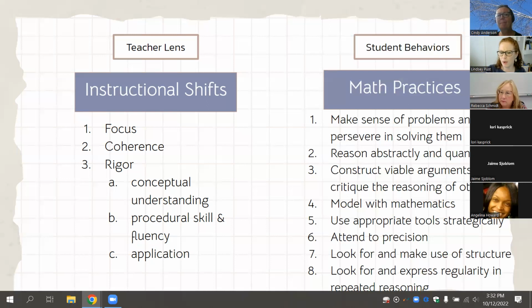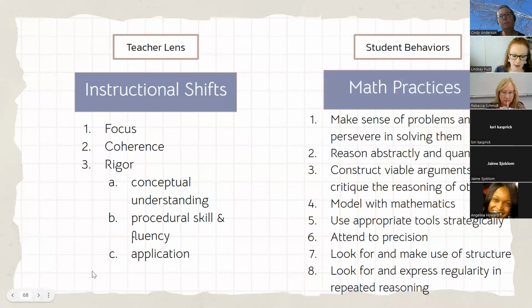What did you think about this? So being able to engage in that conversation, modeling with mathematics, using appropriate tools strategically, we talked about attending to precision, looking for and making use of structure, looking for and expressing regularity and repeated reasoning.